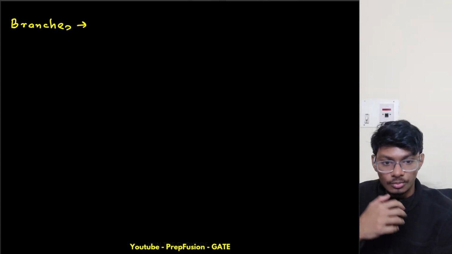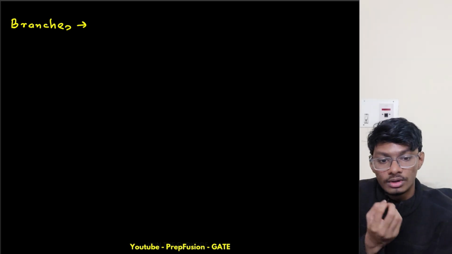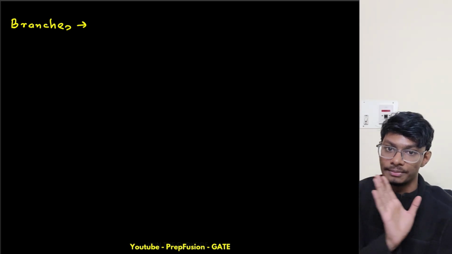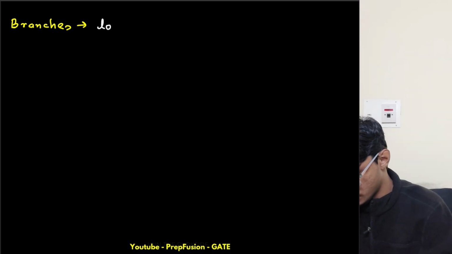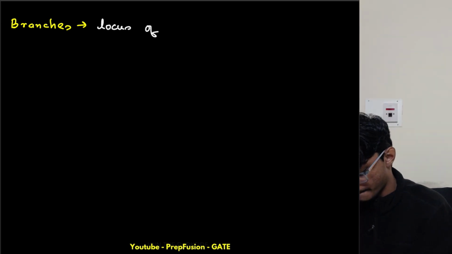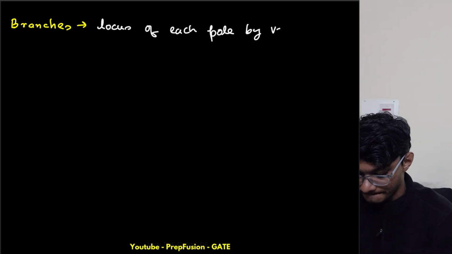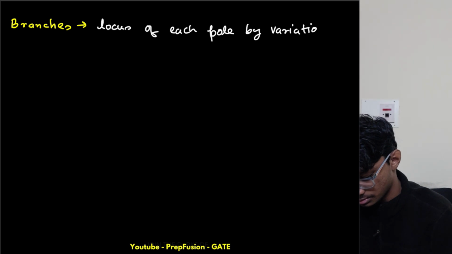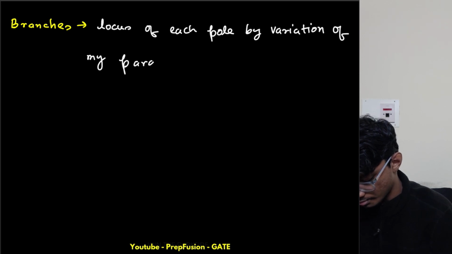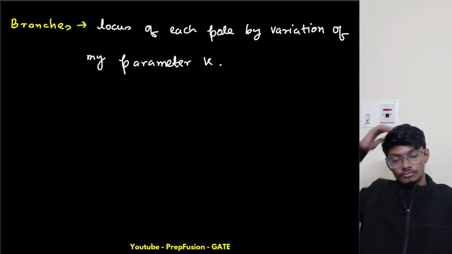Branches are basically the locus of each pole with variation of my parameter k.